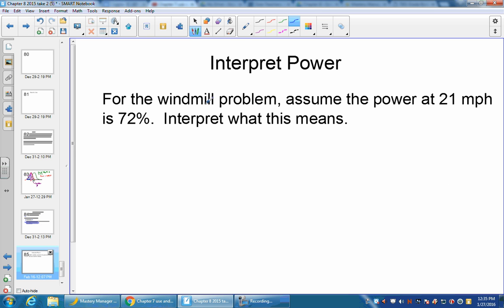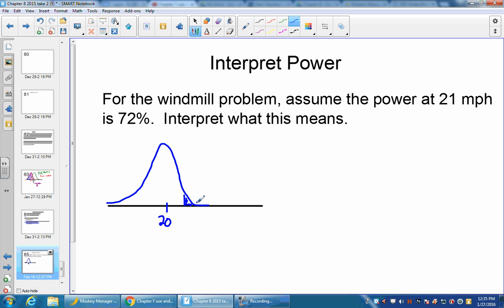For the windmill problem, suppose the power at 21 miles per hour is 72%. Let's see what that means. I'll draw this out. We'll have a null hypothesis of 20 miles per hour, and the power is 72% at 21.